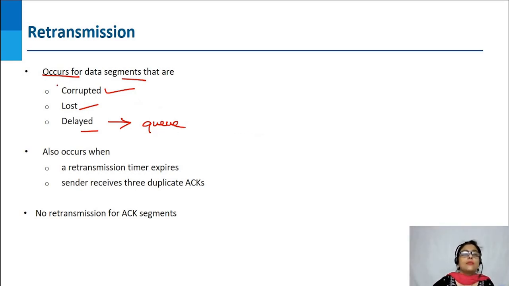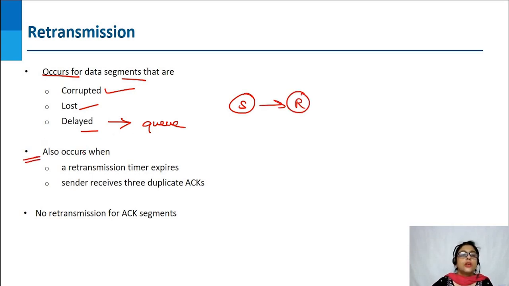So during that time, if the receiver does not send any acknowledgement for these types of data segments, then the particular data segments which have not been acknowledged by the receiver are again retransmitted from the sending end, that is, from the sender to the receiver.